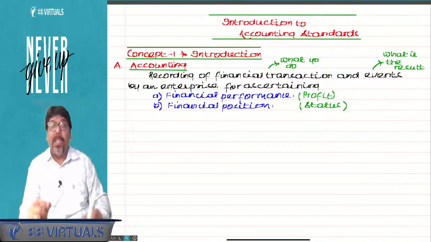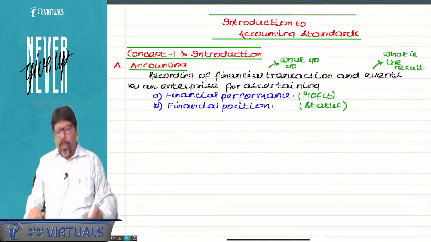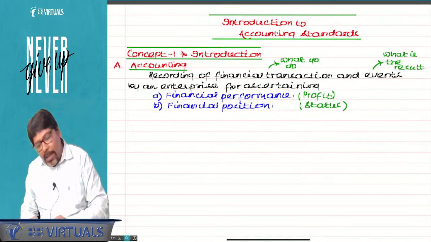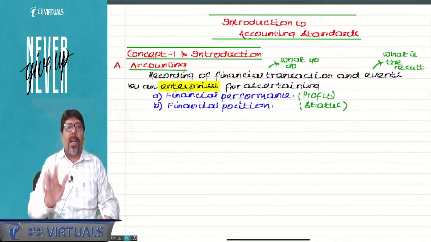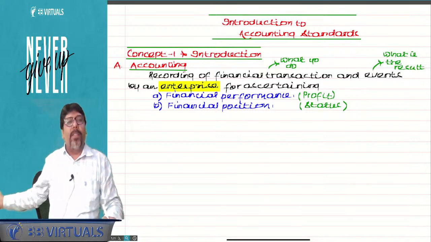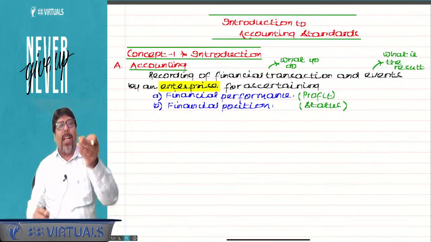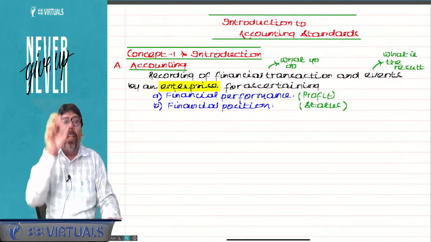But chartered, tell me, you are looking at status of an individual or enterprise? Enterprise. You are not looking at the status of an individual. An individual who is selling chaat on the street. No, no, you are not looking at the individual.